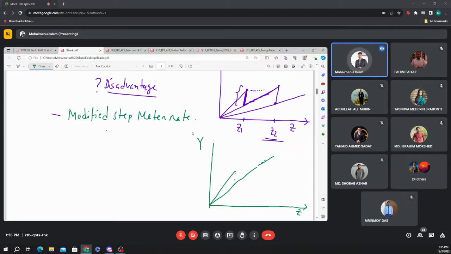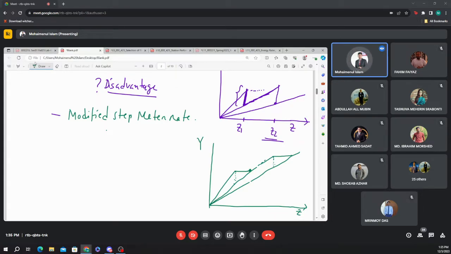Rather than decreasing this, we can flatten it from this point to this point. And again for the third one, we can make it flat here, rather than decreasing it. Okay, we may decrease it, and it will be our step meter rate, but it will flow.